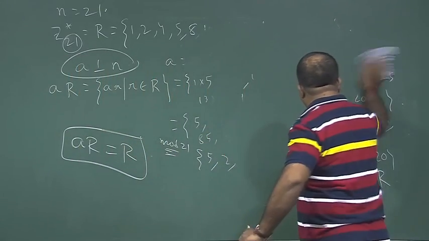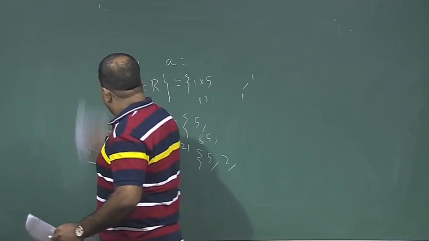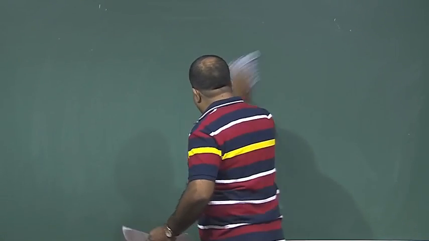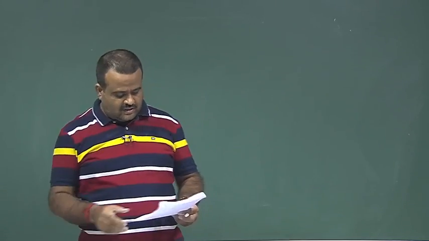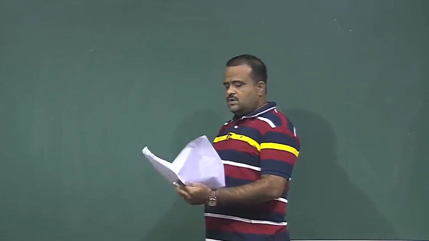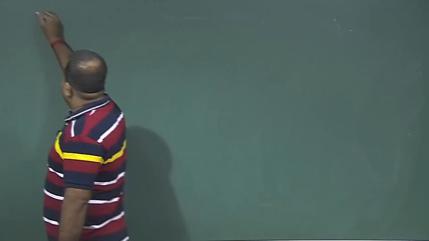Now let us talk about the general form of the Euler phi function, where the number is not a prime. This is a theorem.